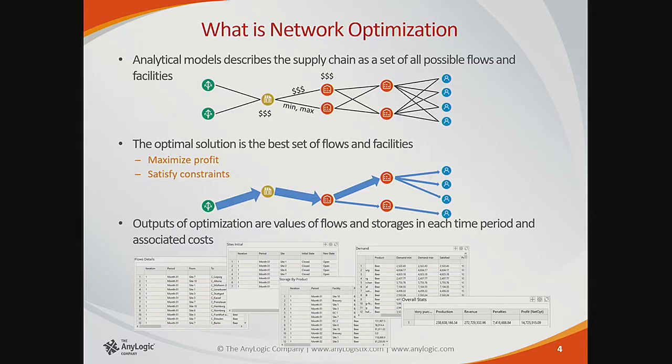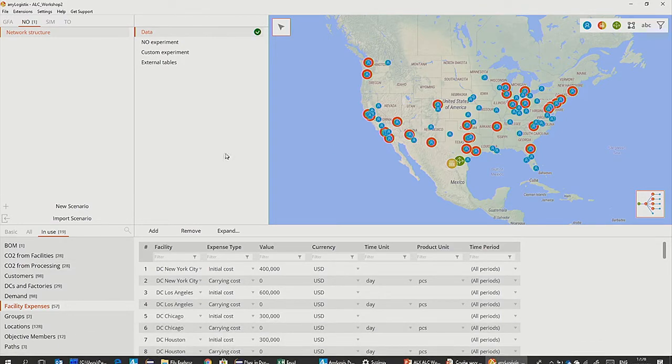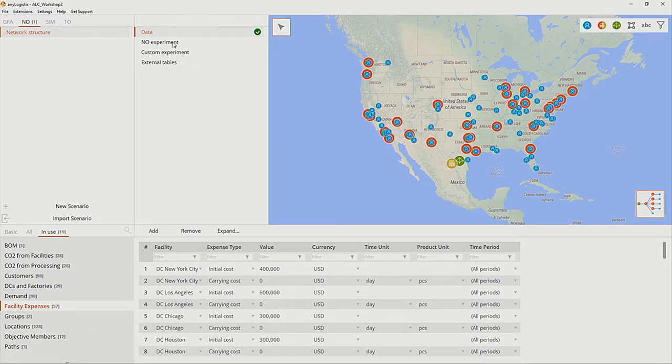Another outcome of this optimization is a set of different statistics regarding flows, values, storages in each period, costs associated with each specific cost type, like facility expenses, storage expenses, transportation, and so on. So let's get back to the product and let me run optimization.